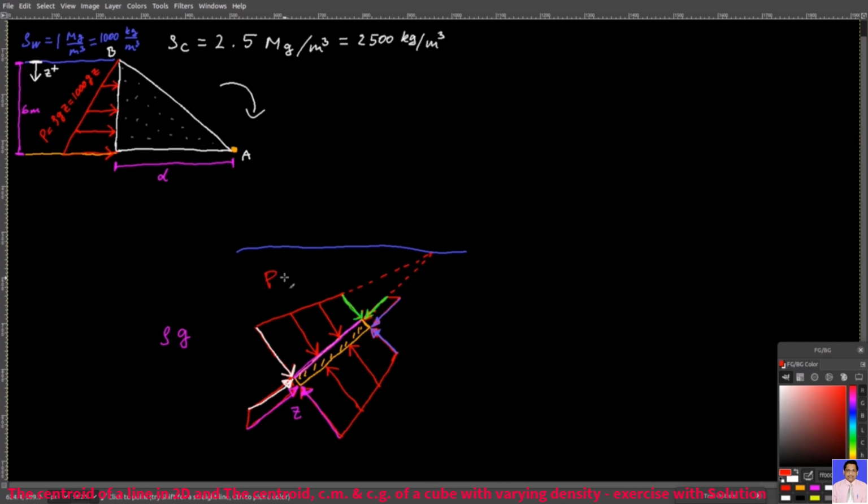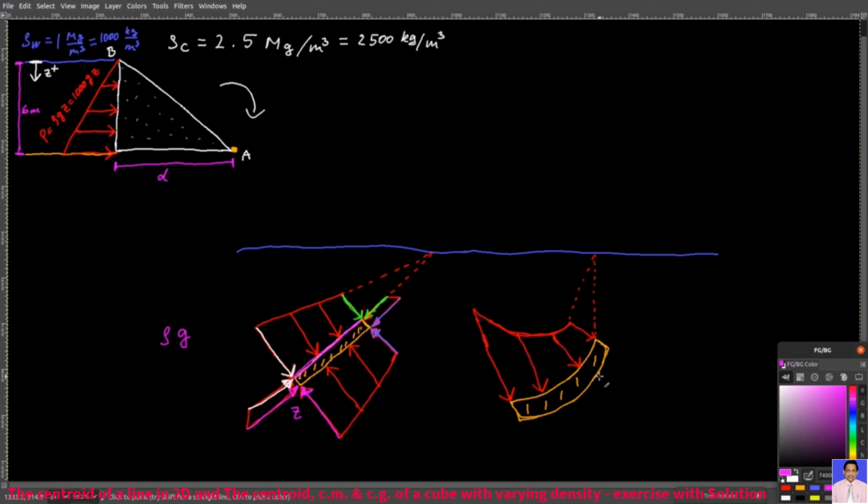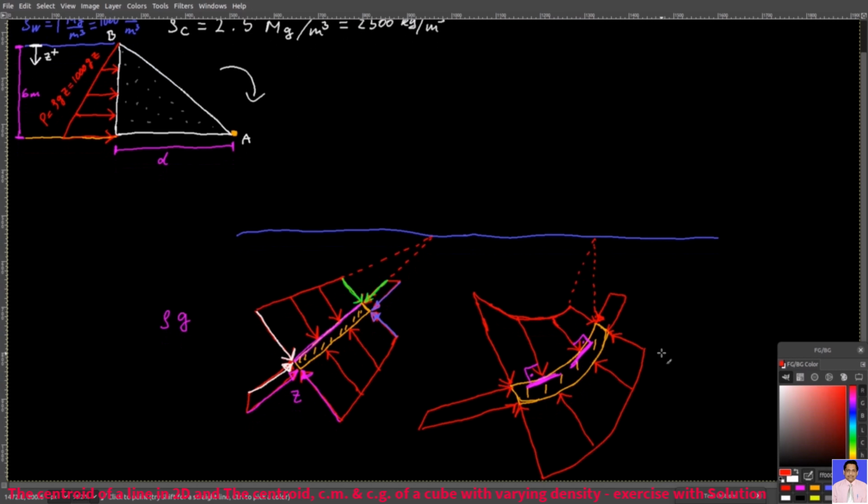Or for example, if I have this curved plate, then again, the magnitude of the pressure changes with depth linearly, but it also changes direction because it's always normal to the surface, and the plate always changes direction itself as well. But of course you have pressure from all sides.